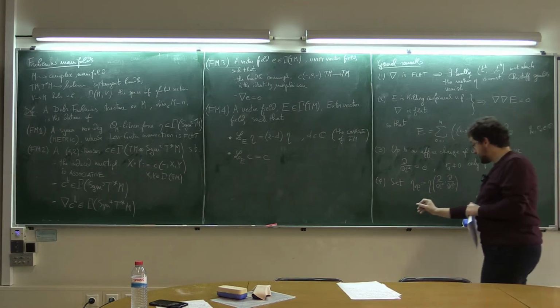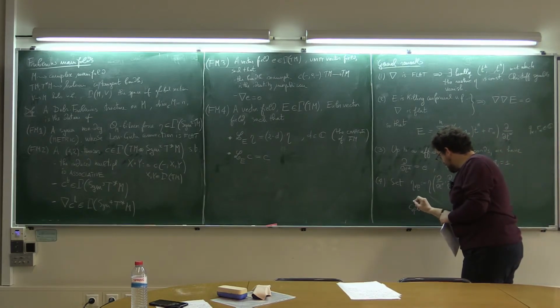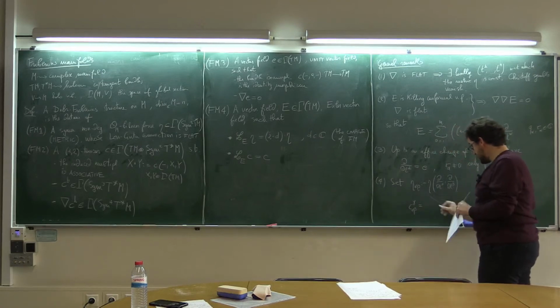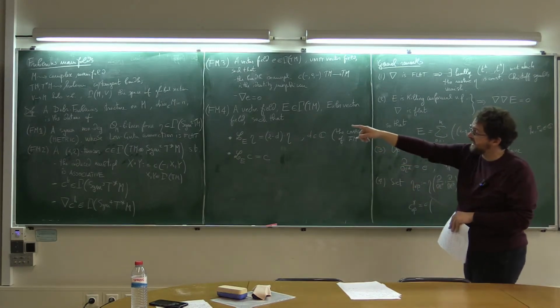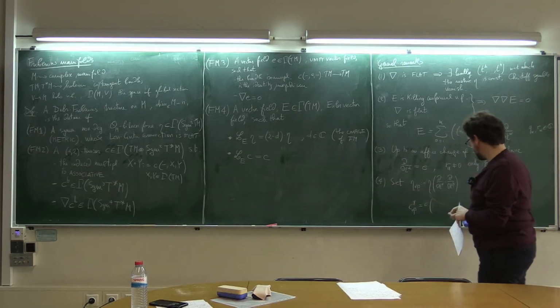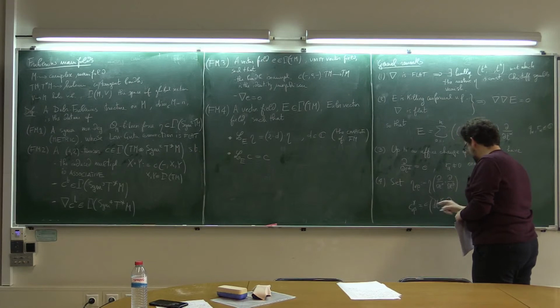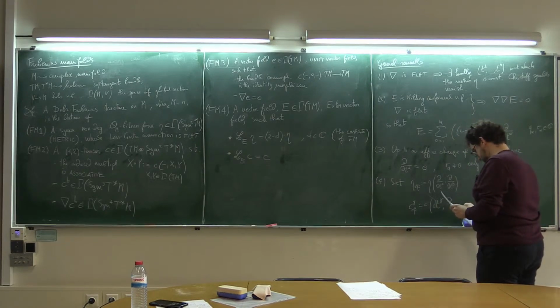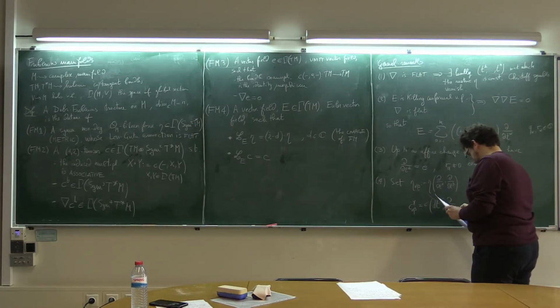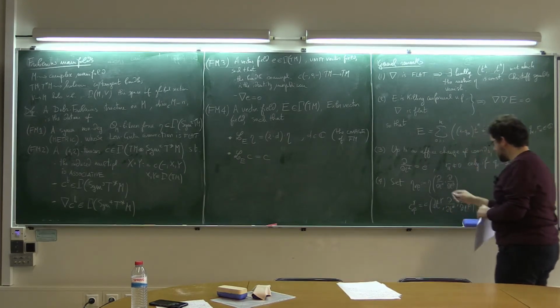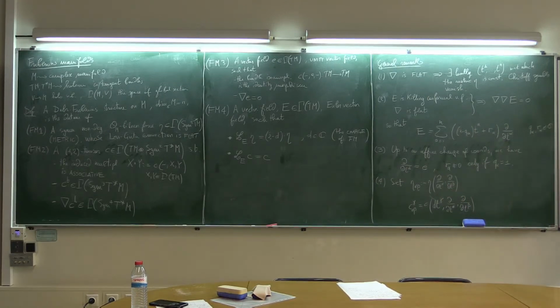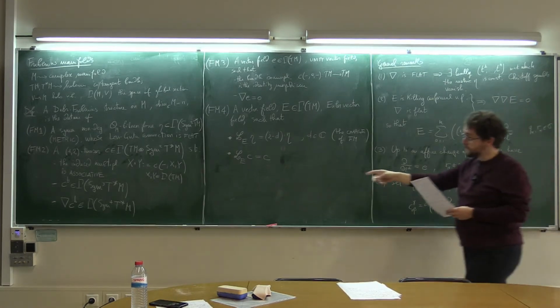And I can also set C alpha beta gamma to be the evaluation of the tensor C of the second point of the definition on this triple. In other words, eta alpha beta and C alpha beta gamma are just the components of these tensors in this flat system of coordinates.